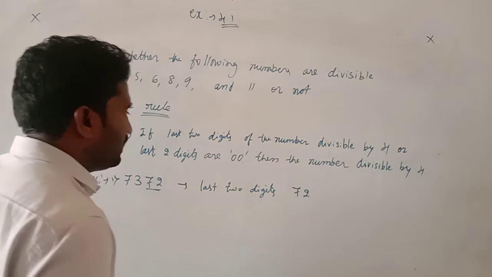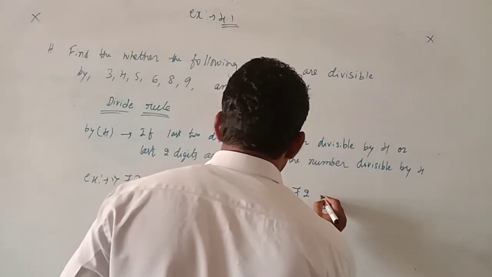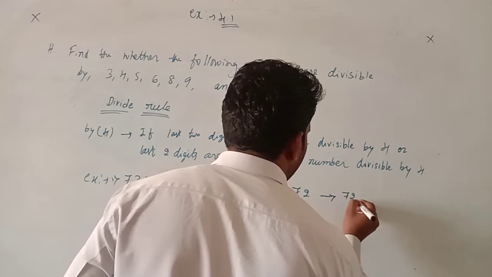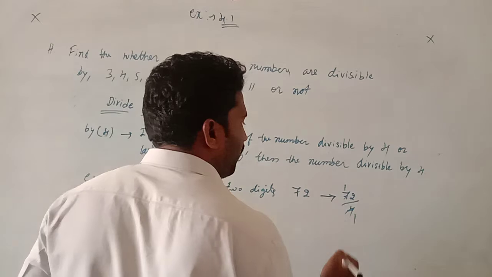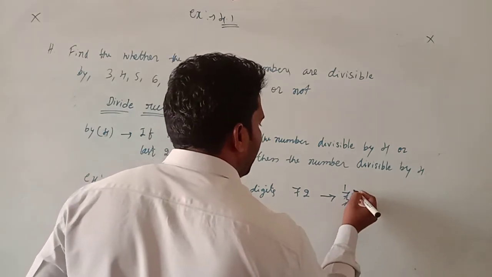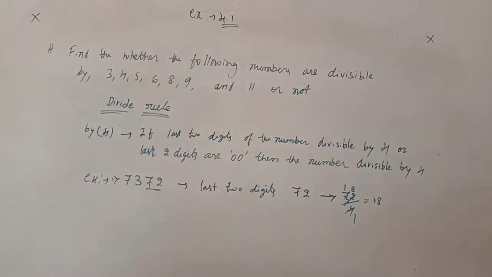Is 72 divisible by 4 or not? 4 1s are 4, 3 remains, 4 8s are 32. So it is divided. The last two digits are divisible, so the complete number should be divisible.